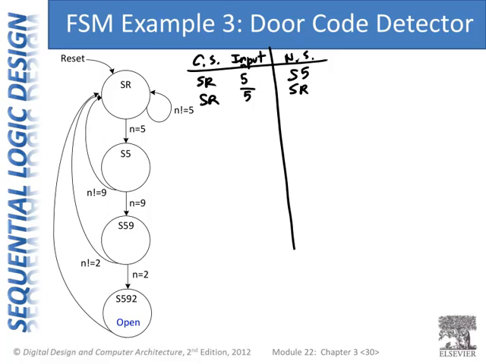Now we look at S5. If we're in the S5 state and we get a 9, then we go to the S5-9 state. If we're in the S5 state and we don't get a 9, we go back to the reset state, SR. If we're in the S5-9 state and we get a 2, then we go to the S5-9-2 state.